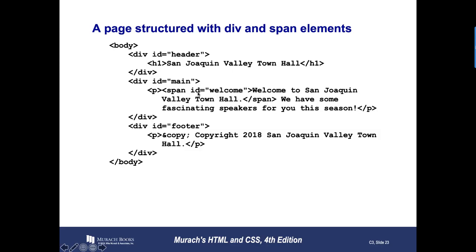That comes in handy because sometimes you only want to apply some CSS rules to a few elements. The span tag is what we call an inline element. Notice we have a paragraph tag, which is a block level element, and inside we have an inline element. Okay, so it's really important.